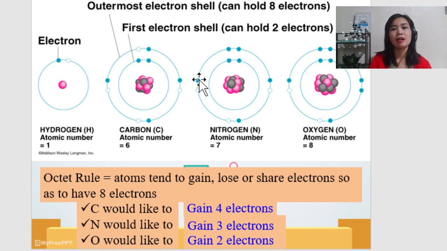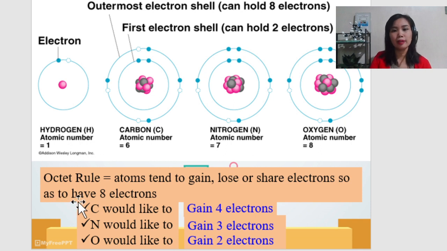So meron siyang 5 outermost electrons. And si oxygen, the 8th element in the periodic table, meron siyang 1, 2, 3, 4, 5, 6 outermost electrons. What I am referring to as outermost electron shell is their valence electrons.